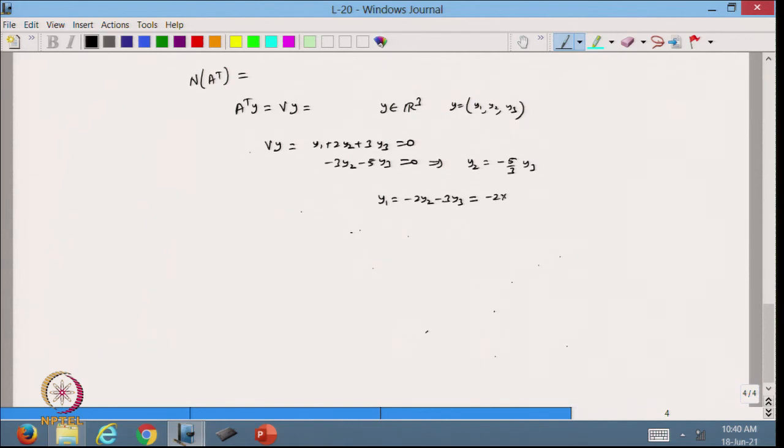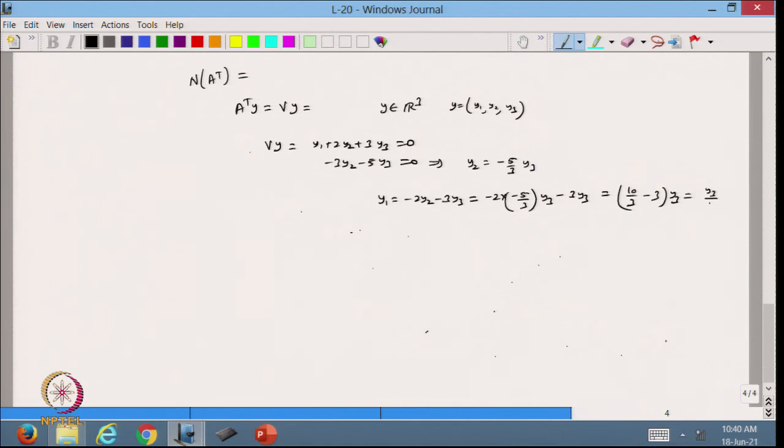So it is minus 2 into minus 5 by 3 y3 minus 3 y3, and this is 10 by 3 minus 3.